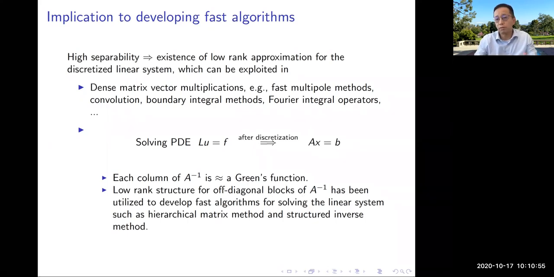But either the iterative method or this kind of direct solver based on low rank hierarchical semi-separable structure is mainly for elliptic equations. Once you go to some other type, it may not work.